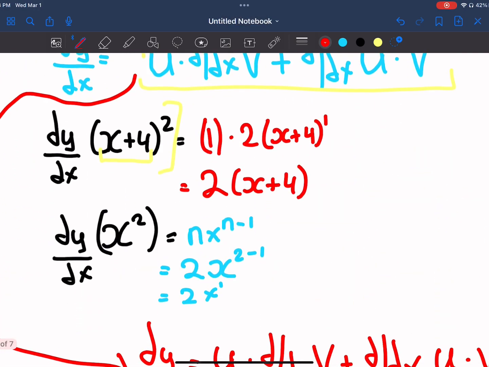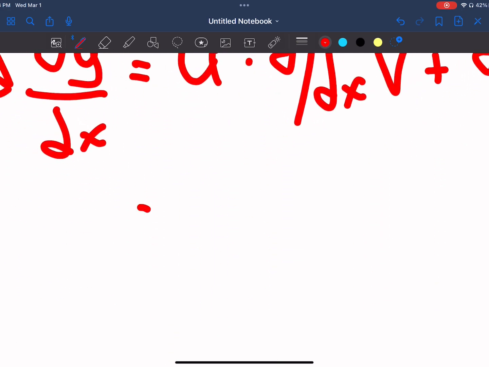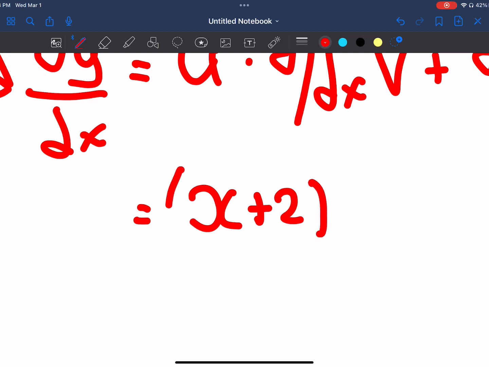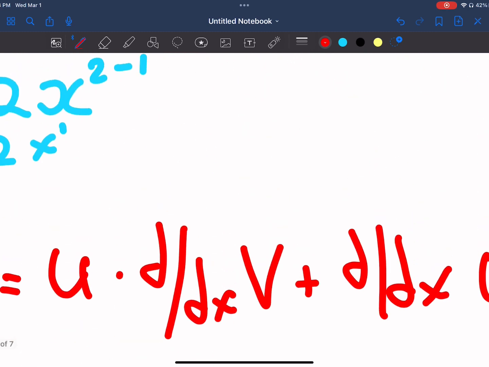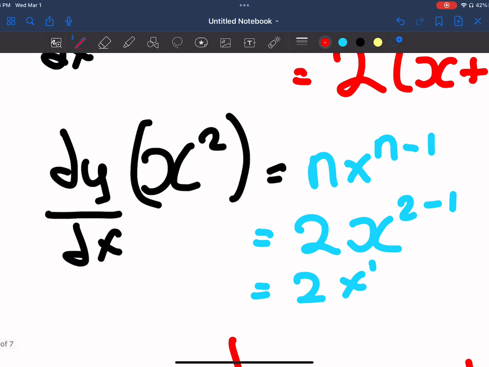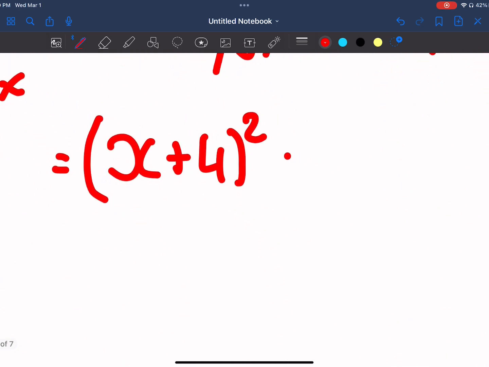Okay, great. Now that I've written that, we can continue. So u is equal to x plus 4 to the power of 2. Oh, I made a slight error here. And then we'll multiply by the derivative of v, which we said was x squared. So that's 2x.